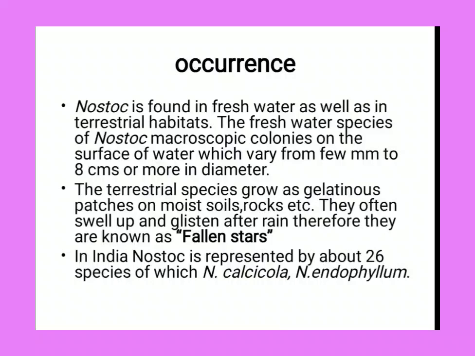They are terrestrial algae, and after raining their appearance is like a glisten because their body swells up, so it is known as fallen star. Nostoc's common name is fallen star. Remember fallen star because it is important for your short question. In India, 26 species are found. You must remember two species, Nostoc calcicola and Nostoc endophyllum.